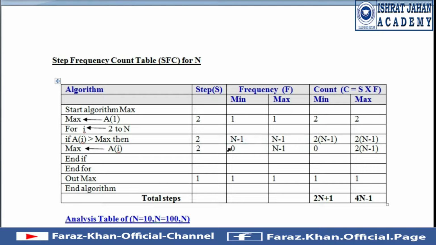So now in this step, it will take 0 steps in minimum and again n minus 1 steps in maximum. So 2 multiplied by 0 will become 0, and 2 multiplied by n minus 1 will become 2 into n minus 1. Outmax, obviously it will take one step to print the value, so 1 and 1.